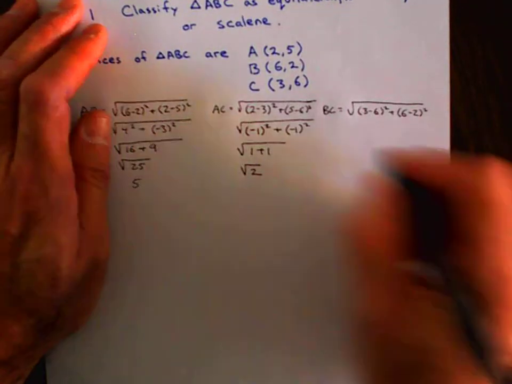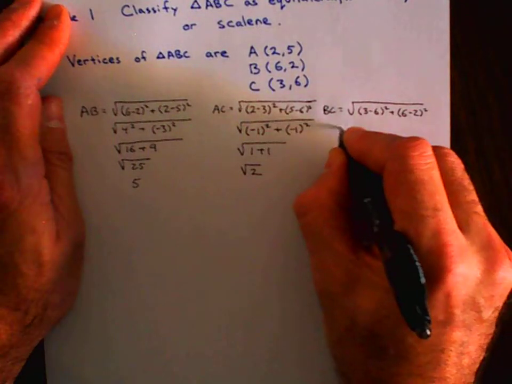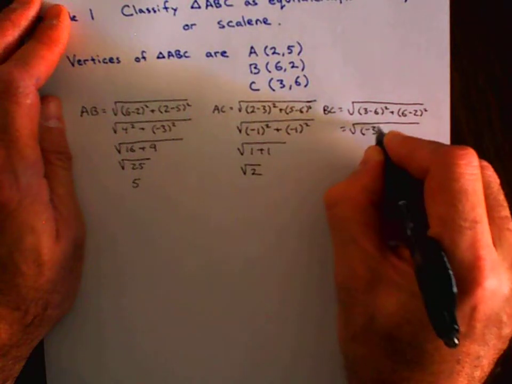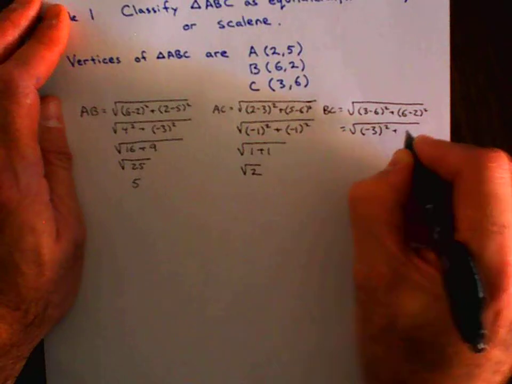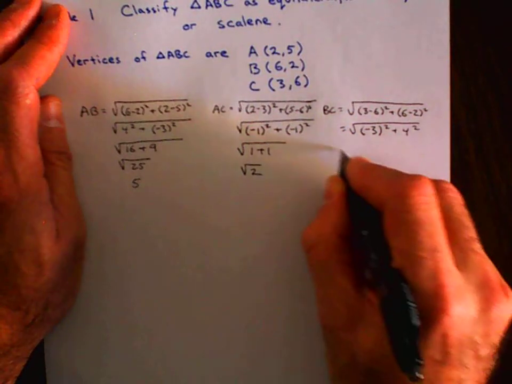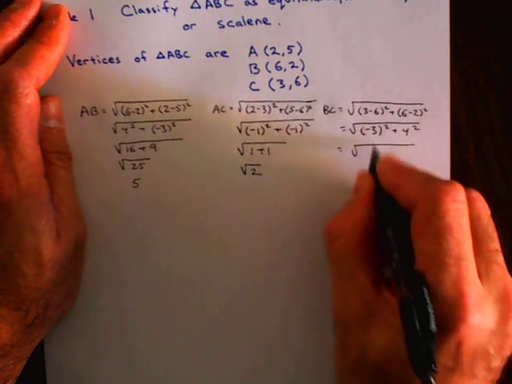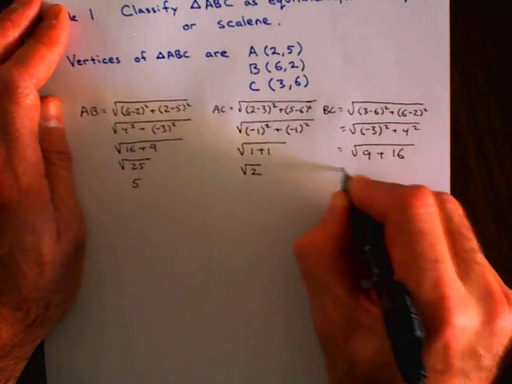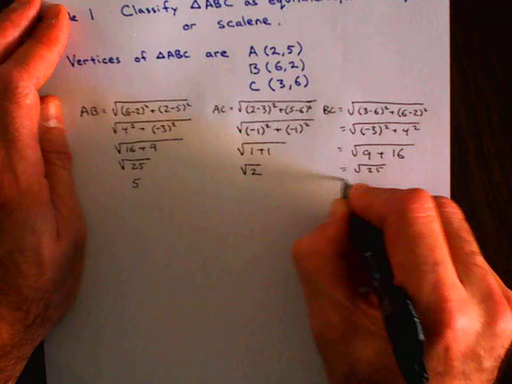Let's see, make sure you can see that. So we end up with negative 3 squared plus 4 squared, which equals the square root of 9 plus 16, which is the square root of 25, and once again that's 5.